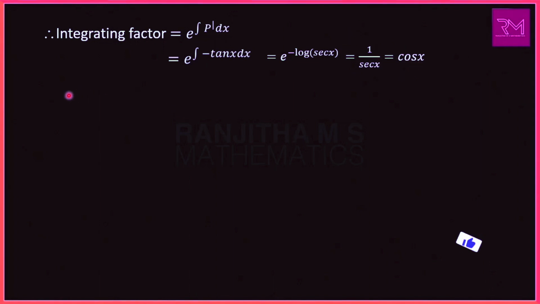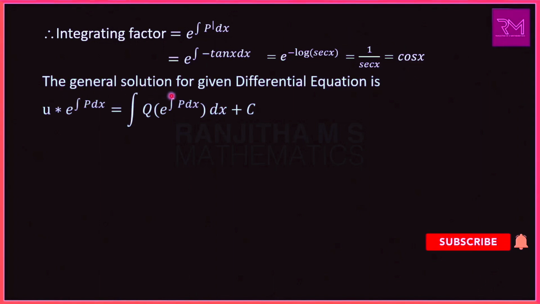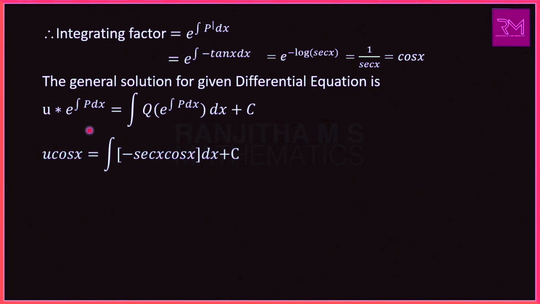Once you obtain the integrating factor, the general solution for the given differential equation is given by u into integrating factor, which is equal to integral of q into integrating factor into dx plus c. Substituting q value and integrating factor value, we get u into cos x, which is equal to integral of q is minus secant x into integrating factor is cos x into dx plus c.